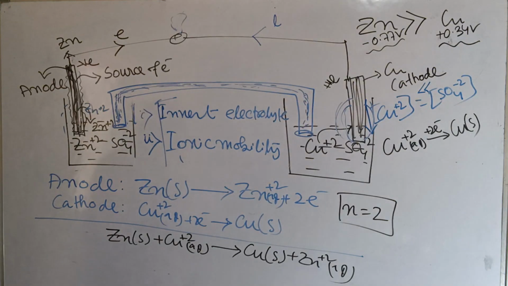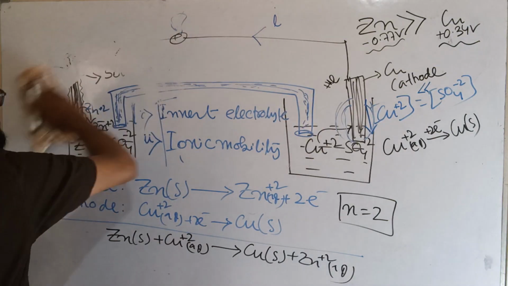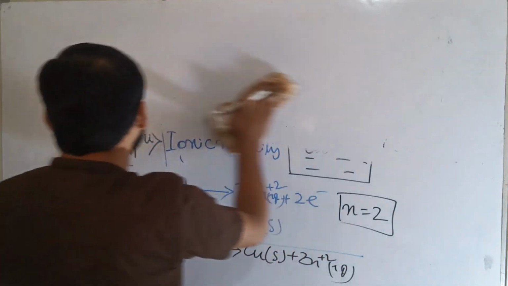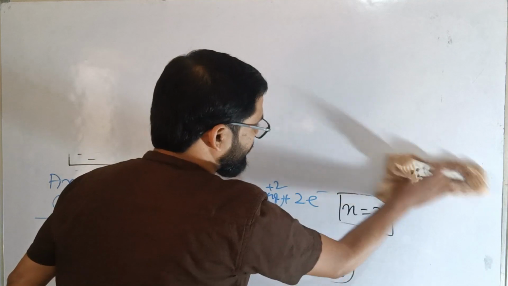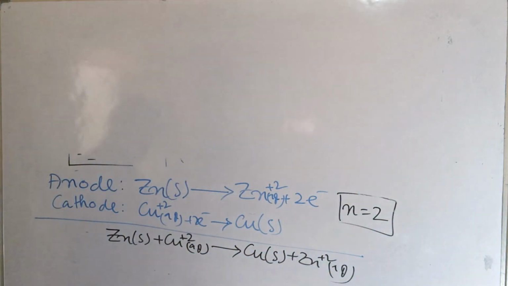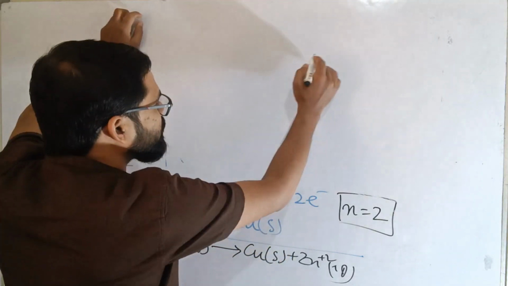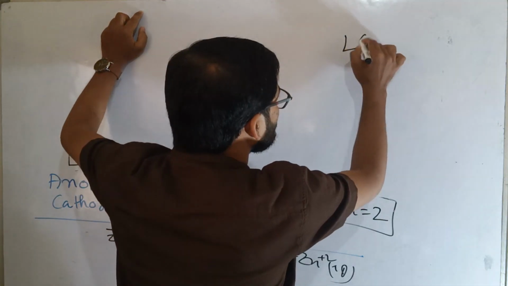Now the representation of the cell. One trick we always have to remember is LOAN.